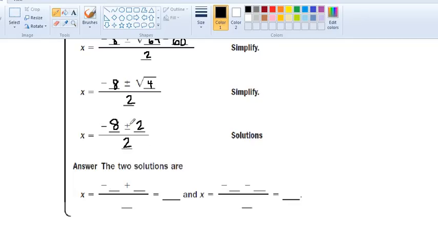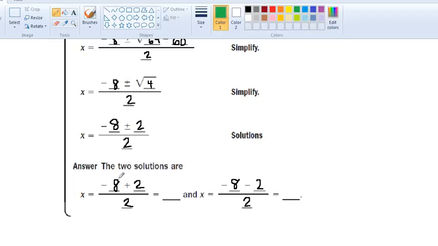Okay, now because of the plus minus, that's actually going to give us two answers, and they go like this. The first thing we could say is x could be negative 8 plus 2 over 2, but it also could be negative 8 minus 2 over 2. Let's solve this one real quick.